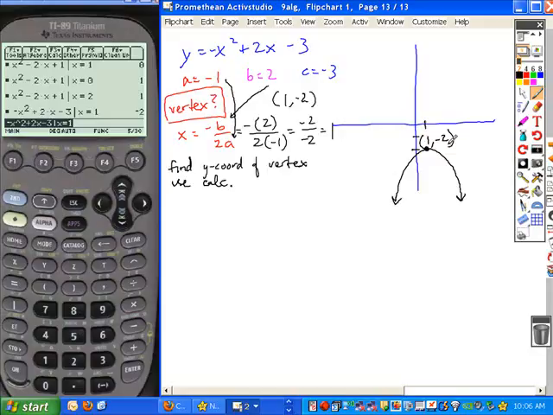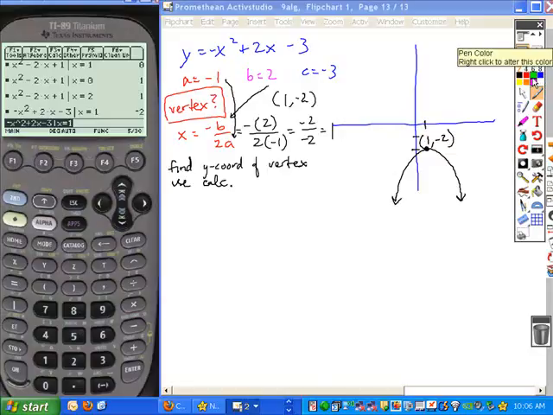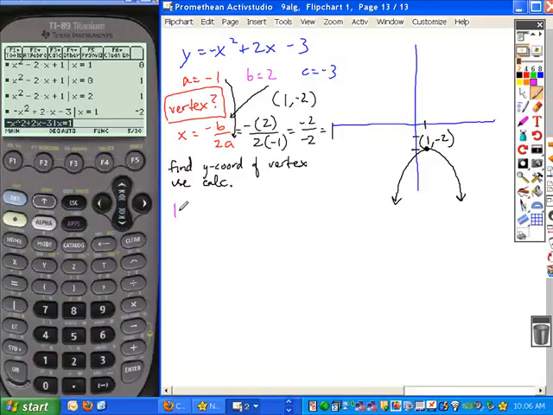The next piece of information that I would want you to find here is going to be the line of symmetry. The line of symmetry is always going to be x equals some number, and that number will be c. Or, I'm sorry, not c, excuse me.